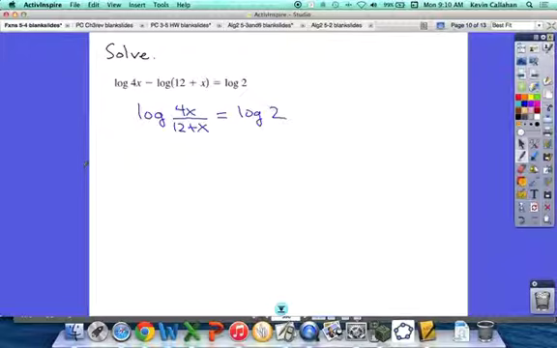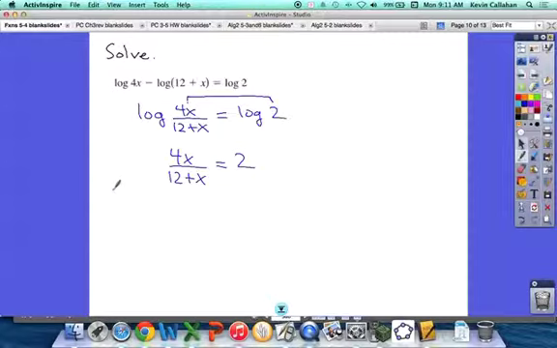Now if the logarithm on the left equals the logarithm on the right, then use the one-to-one property. That means what's inside has to be the same. Right? These two are the same. 4x over 12 plus x equals 2. One-to-one. And now that's something you should be able to solve.